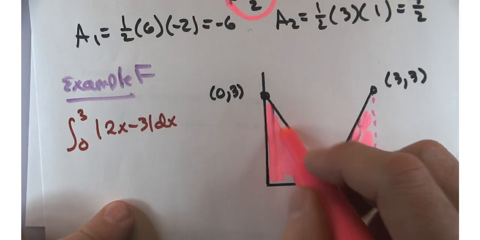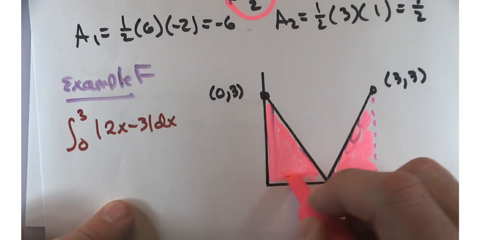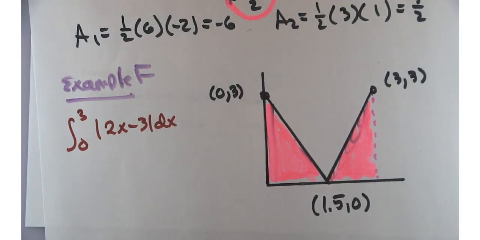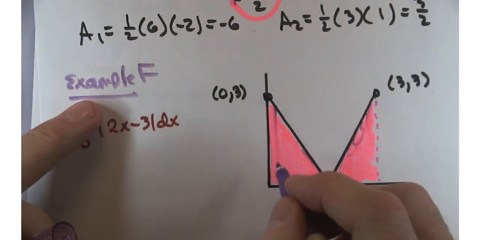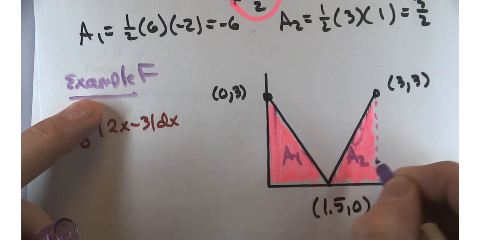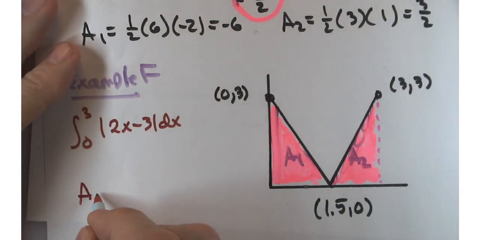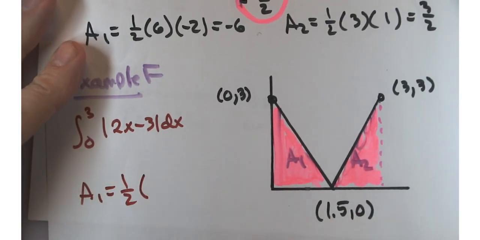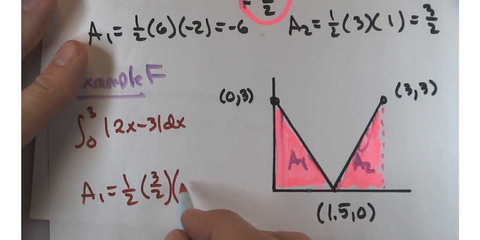Is there a shortcut that I can take in my calculation here? Well, let's just try and find the area of the first triangle, A1. A1 is going to be 1/2 base, which is 1.5 or 3/2, times the height. What's the height here? 3.